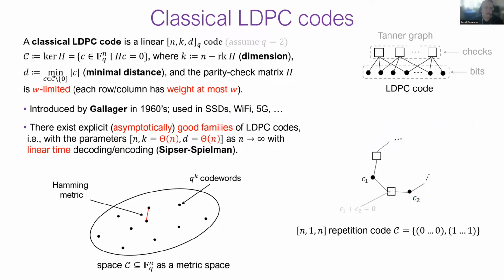What is important is that Gallager showed there exist asymptotically good families of LDPC codes, which means that the dimension and the distance both grow linearly with the number of bits. And even more important, later in the 90s, it was shown by Sipser and Spielman that these codes can be constructed efficiently and explicitly, and they may also have linear time decoding and encoding.